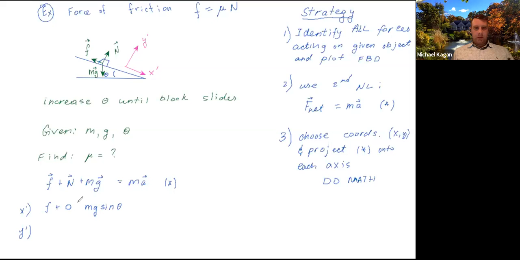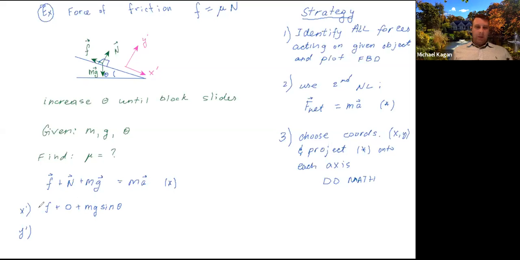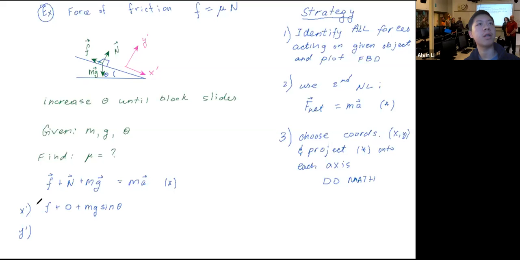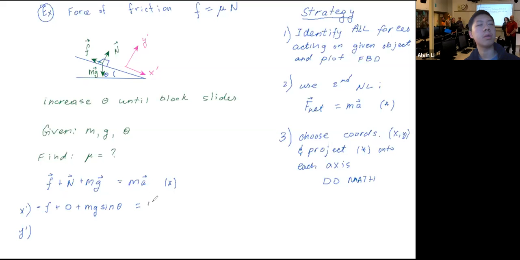Plus or minus? Plus. Okay. Then I'm a little bit puzzled because F and mg sine theta should be in opposite directions. Yeah, but one of them, F, is negative, right? Okay, friction is negative, good. Now, what about acceleration? 0. Okay.